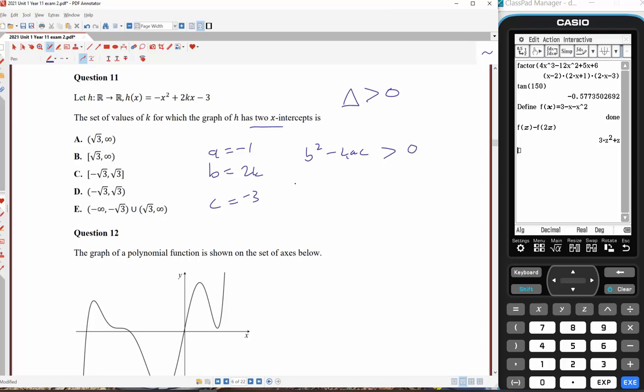B squared is 2k all squared, don't forget that, take away 4 times -1 times -3 greater than 0. So we've got 4k squared take away 12 greater than 0. Okay, now k squared greater than 12, k squared greater than 3.